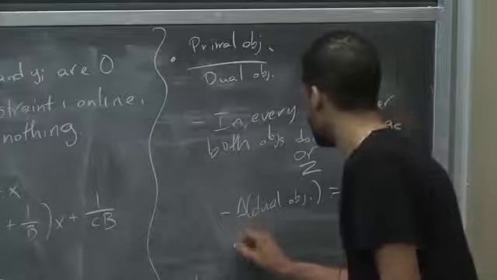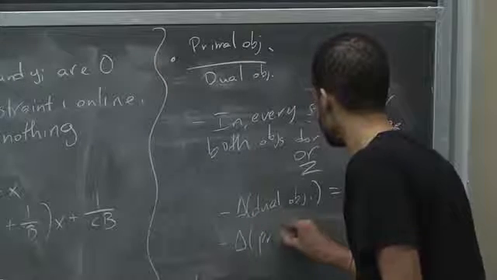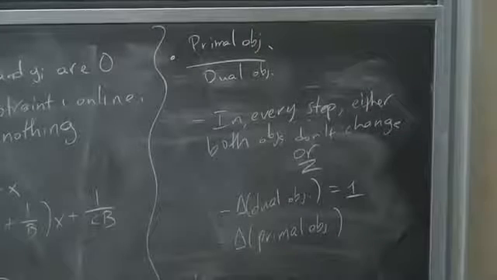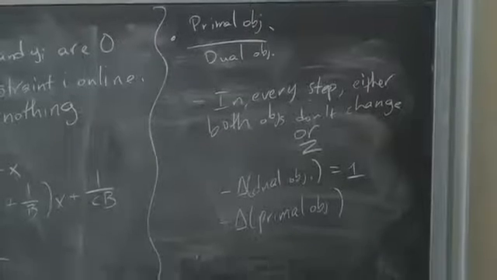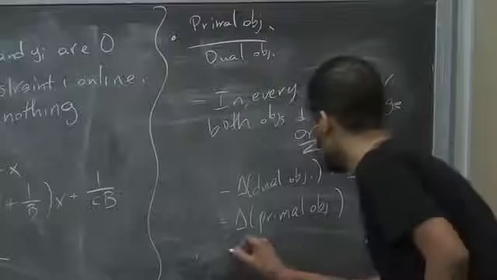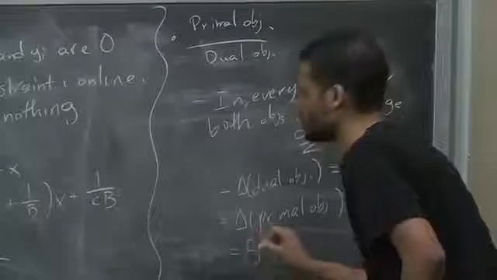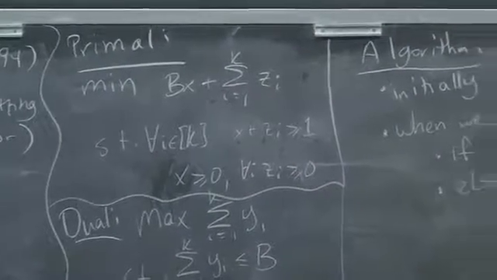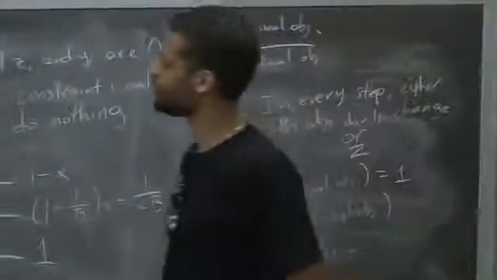And the change in the primal objective, well, what's the change in the primal objective? It's b times the change in x plus zi.